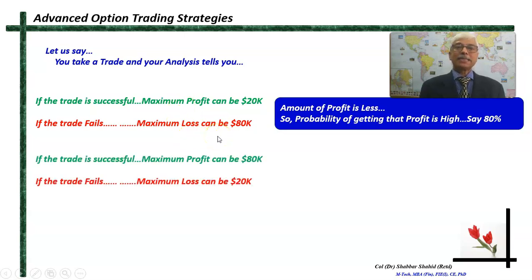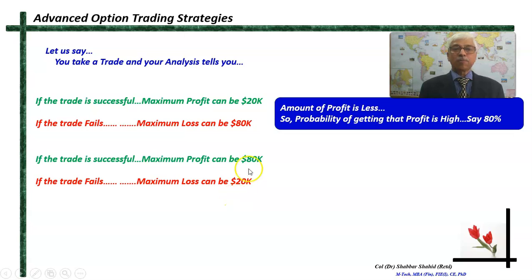Alright? But suppose you take a trade and your analysis tells you that if the trade is successful, the maximum profit can be up to 80,000 rupees or $80,000. But just in case the trade fails, then the maximum loss will be only 20,000, the opposite of the earlier case.